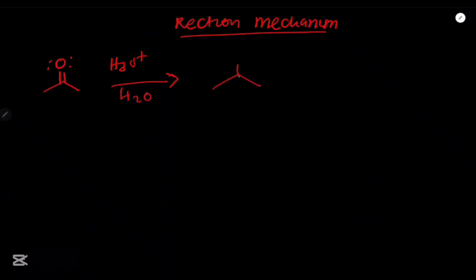So we are saying that our product will be OH and the OH, geminodiol, on the same side. So how can we move from point A to point B? So the first thing that you have to do is you get your starting material here, you indicate your lone pairs. Then your acid, one lone pair with a positive charge.